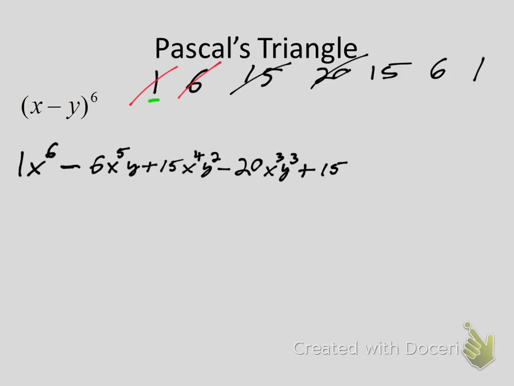Downhill slide now. X will be squared. Y will be to the 4th. Next sign is a minus. Coefficient is 6. X will be to the 1. Y to the 5th.